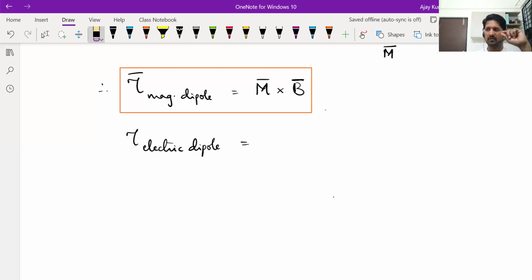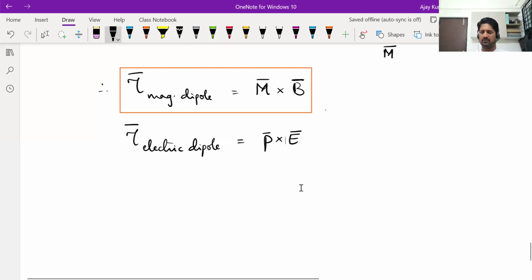All formulas for an electric dipole will be in terms of the dipole moment P. And when it is placed in an electric field, the formula will have E as well. So the formula should be in terms of P and E. It is P cross E actually. As a vector, it is P cross E. Magnitude is P sin theta. We had discussed that in electrostatics.